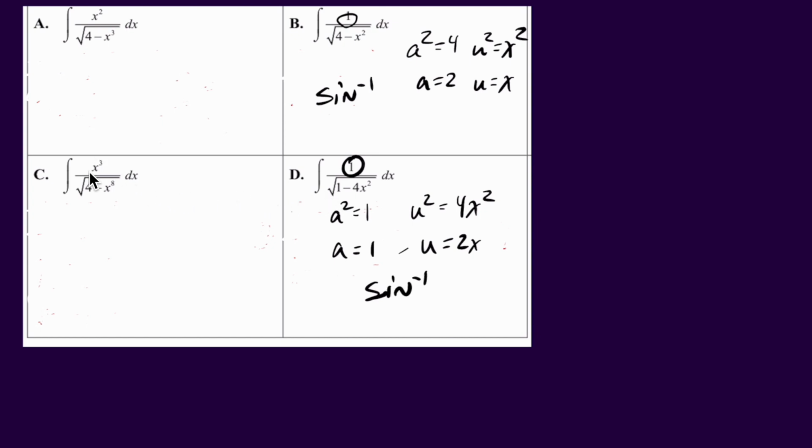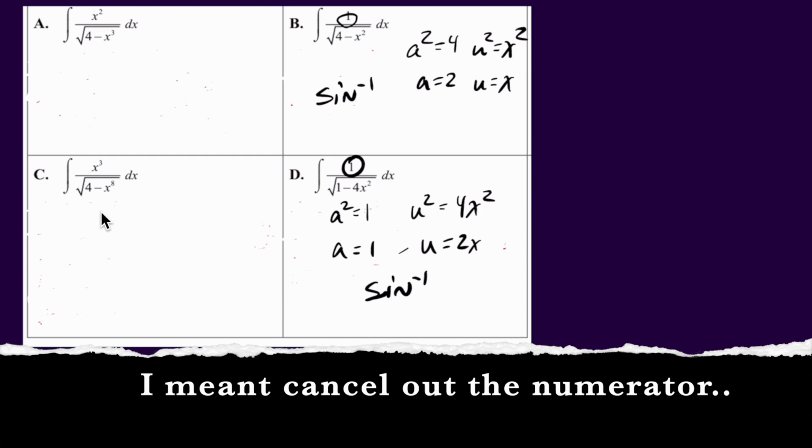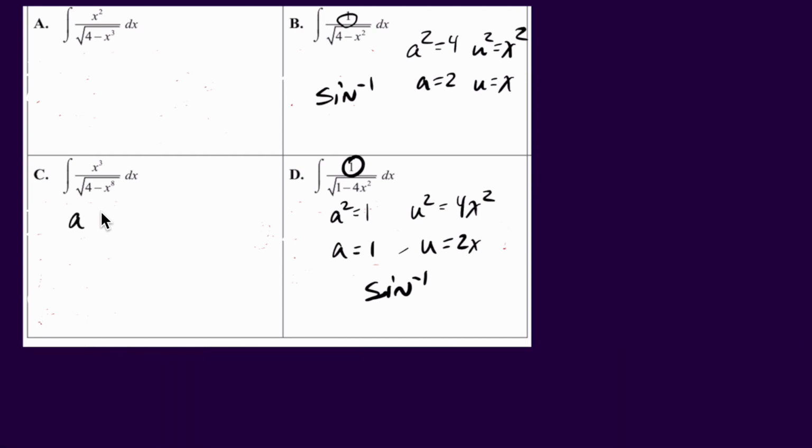Now here we do have an x in the numerator, but look how big that exponent is. And often when you have that large exponent and then you take the derivative of it, you have enough x's lying around to cancel out the denominator. So let's see where that takes us. If this was going to be a squared minus u squared, we're going to let a squared equal 4 and a equal 2, and then we're going to have u squared equals x to the 8th, u equals x to the 4th.